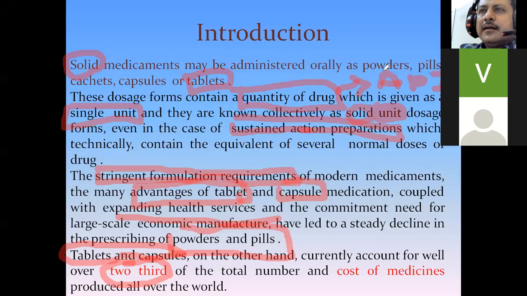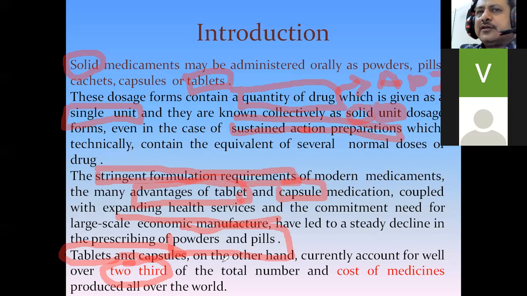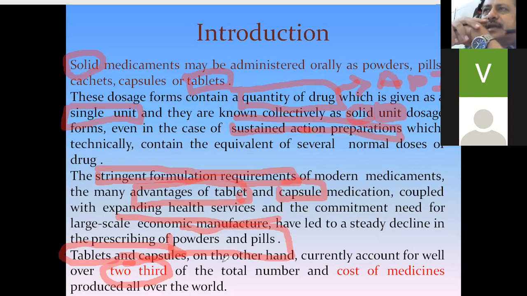Now these tablets and capsules currently account for near about two-thirds of the total number of the dosage forms present in the market all over the world, and the cost of the medicine produced is also less. So in terms of number as well as cost, two-thirds of the whole market is captured by solid dosage forms such as tablets and capsules.